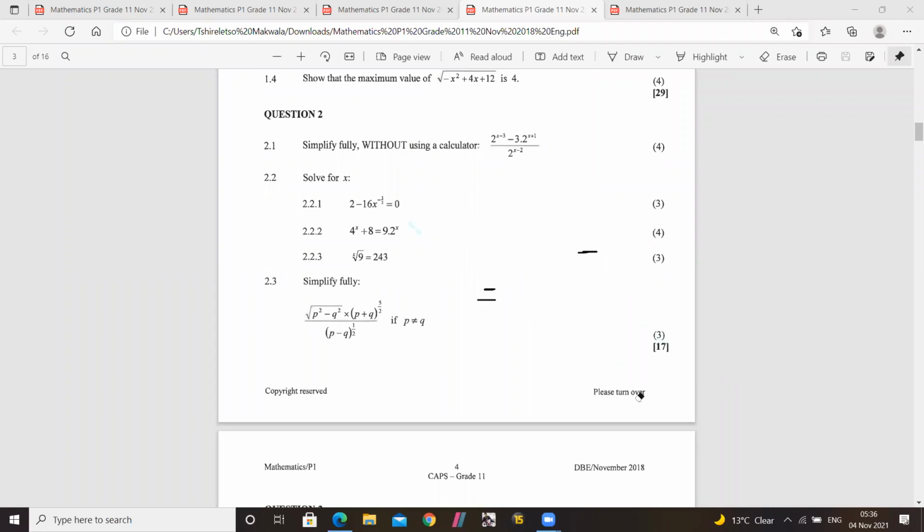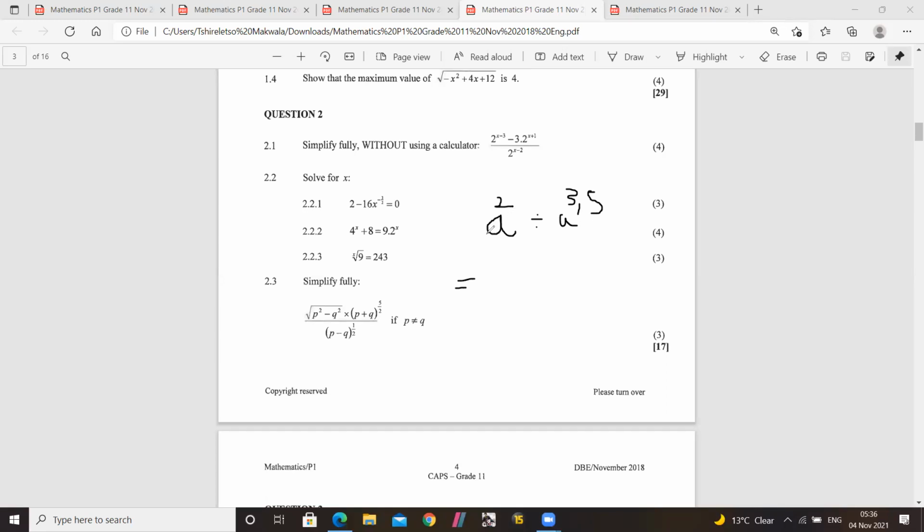Then the second one says if you are dividing terms with the same base. Let me make another example. Maybe you have a to the power of 2 divided by a to the power of 3.5. So the first one was if the bases are the same and you're multiplying, you add the exponents.